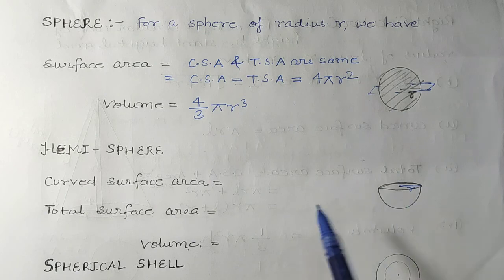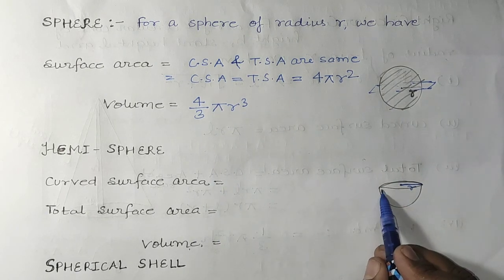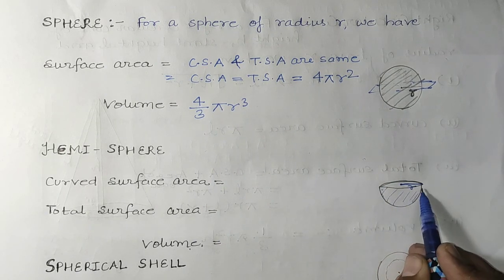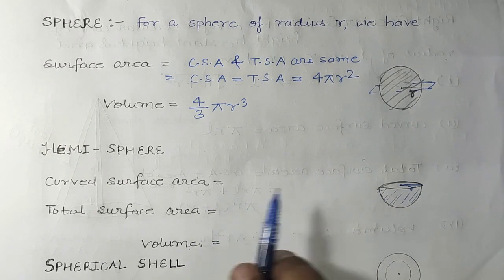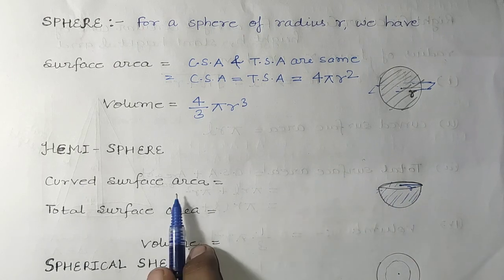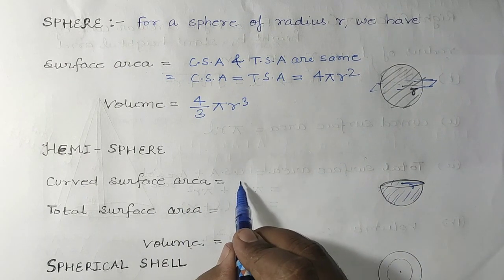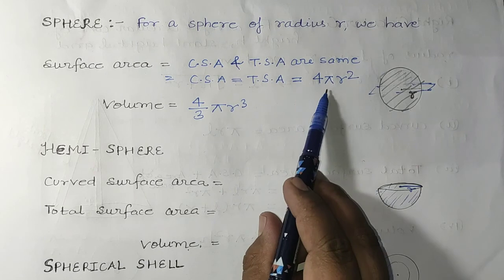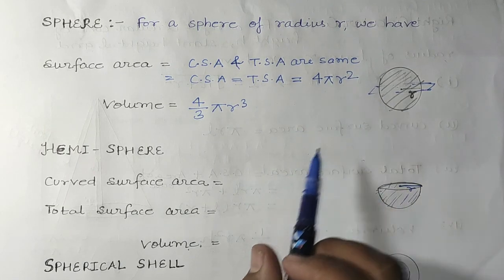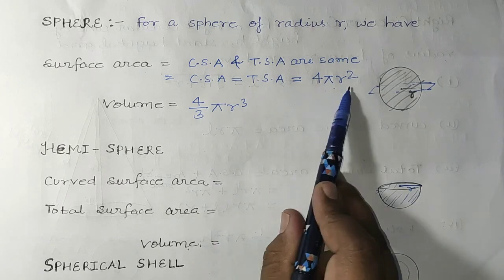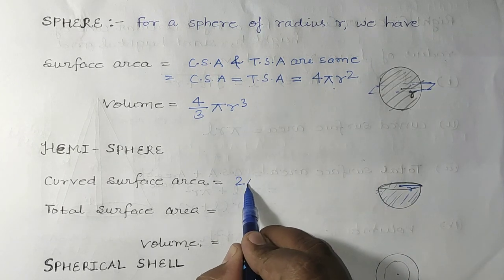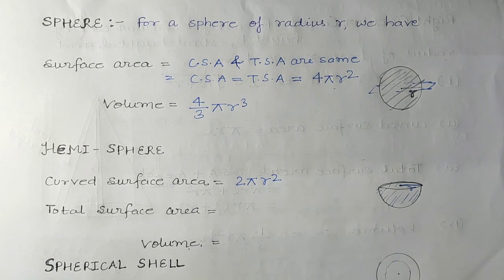In the curved surface area, you will take just this rounded part. In the curved surface area, we do not include the area of the top. So you will simply write half of the surface area of a sphere. Half of 4 pi r square is just 2 pi r square. Okay, now the total surface area.